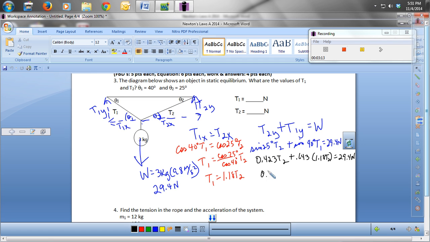When I multiplied those together, I got 0.756 T2 equals 29.4 newtons. So when I did the math and solved for T2, my T2 wound up being 99.51.